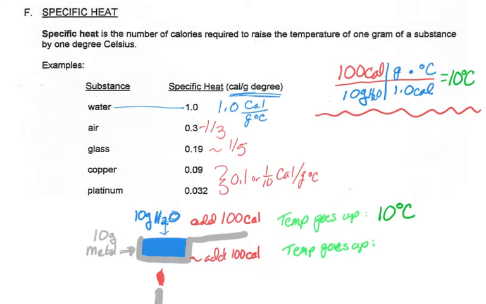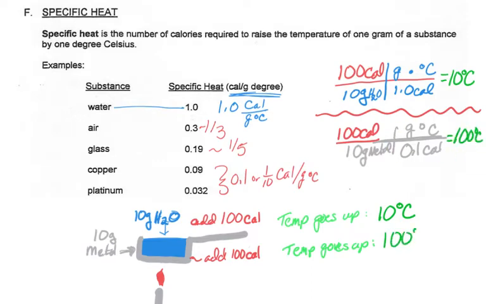On the other hand, if we had 10 grams of metal and we added 100 calories of energy, because the specific heat is only 1/10, we would see that the temperature would go up by 100 degrees Celsius. So again, same mass, same amount of energy, different specific heat. It takes less energy to heat the metal, so with the same amount of energy, the metal's temperature will rise much faster.